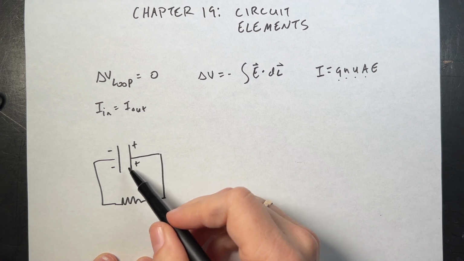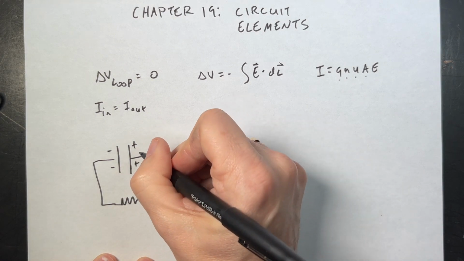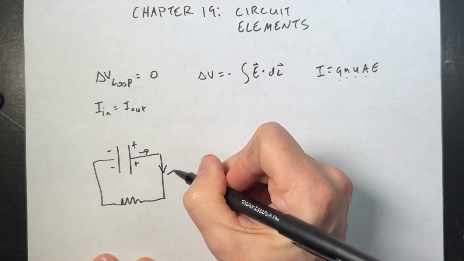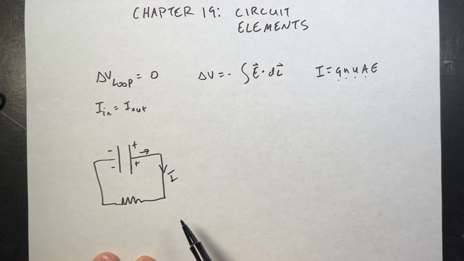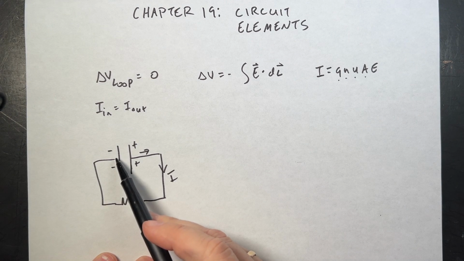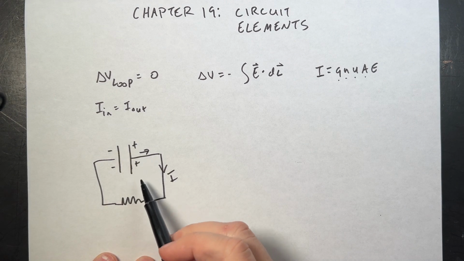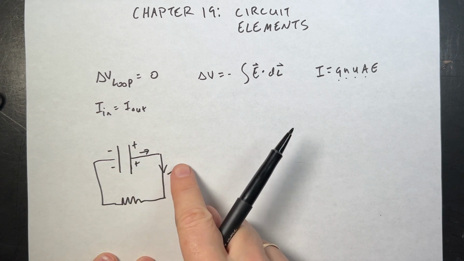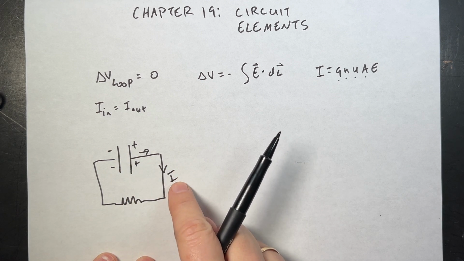This charge is going to create a fringe electric field, and that electric field is going to make a current I, but that charge will then end up on this side and it will decrease the charge. So with a charged capacitor running through a resistor, you do not have a constant current.